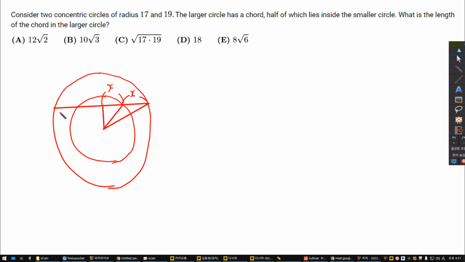So the other half will be located outside the smaller circle. Let's say this one is D. So we can make two Pythagorean theorems.